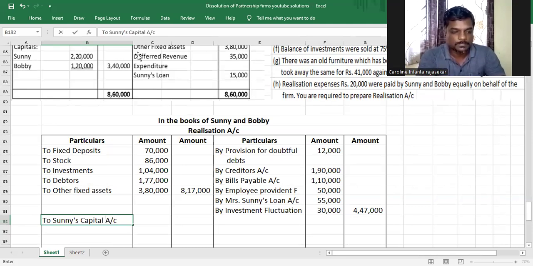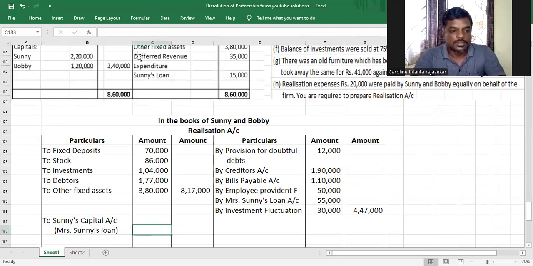Sorry, children. Just to keep track of what I've written here, I'm going to write in brackets Mrs. Sunny's loan. I recommend you also do that in the exam. So Mrs. Sunny's loan was how much? 55,000. So I've written that in the outer column. Moving on.